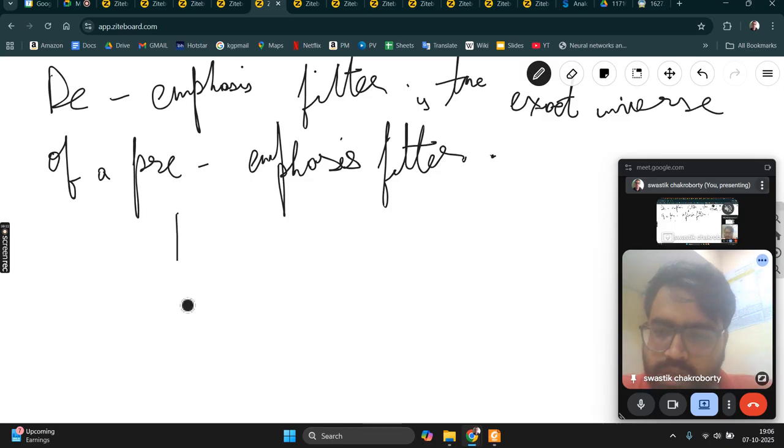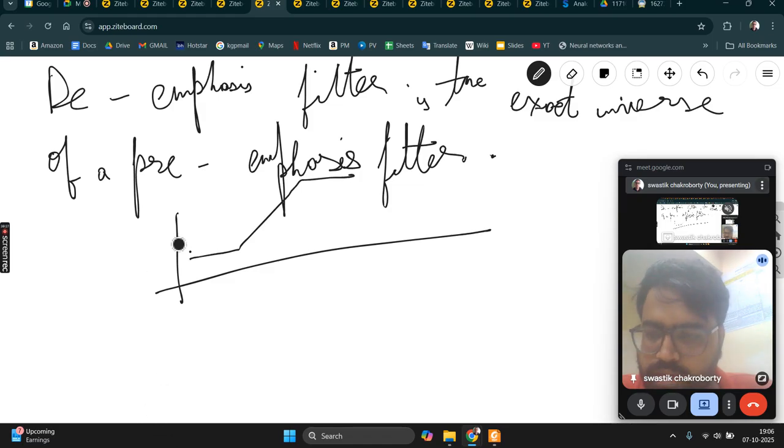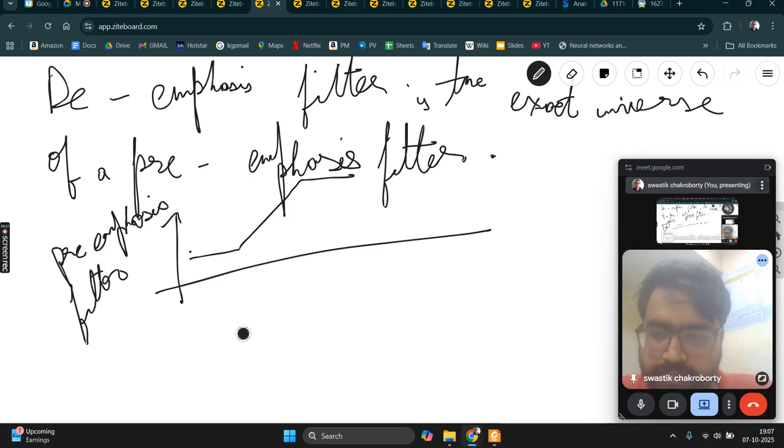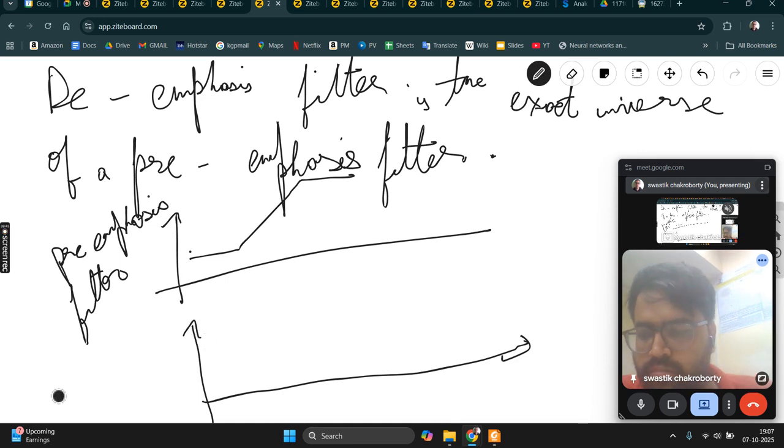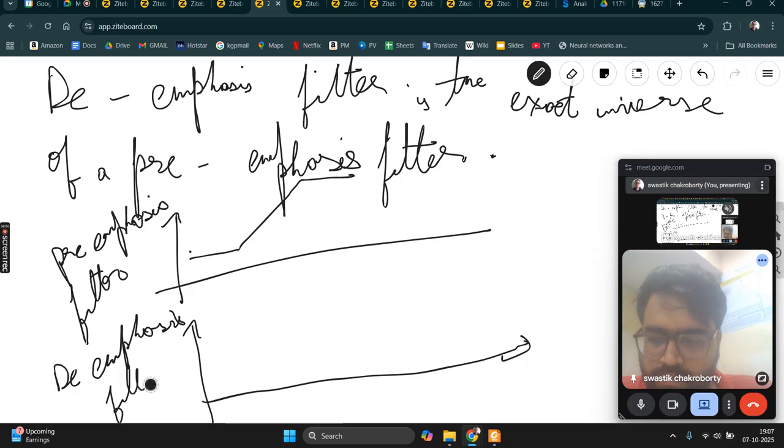If a pre-emphasis filter is like this, then the corresponding de-emphasis filter will have characteristics like this.